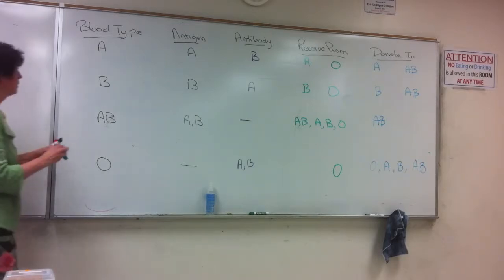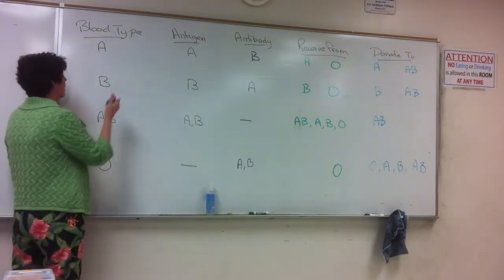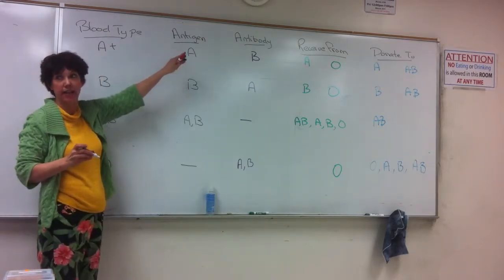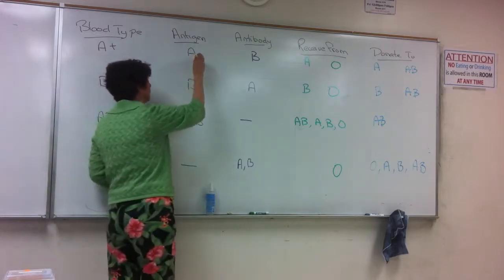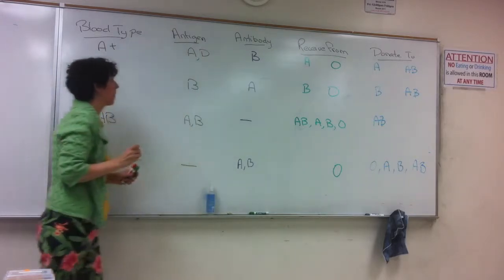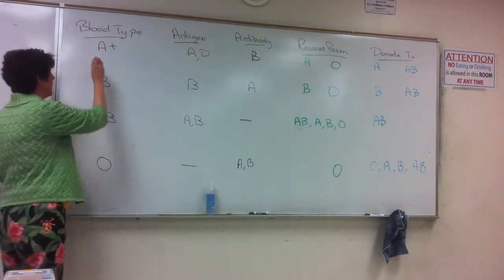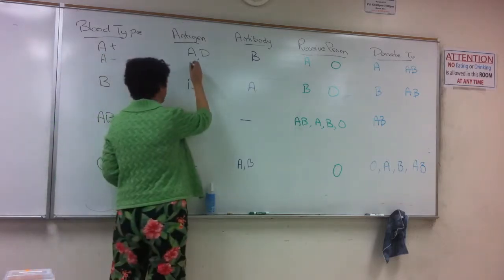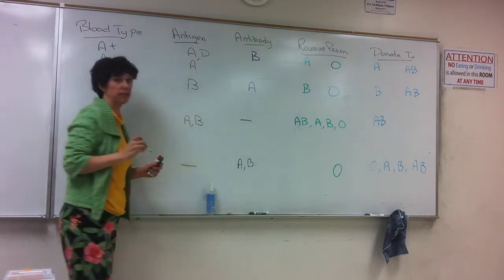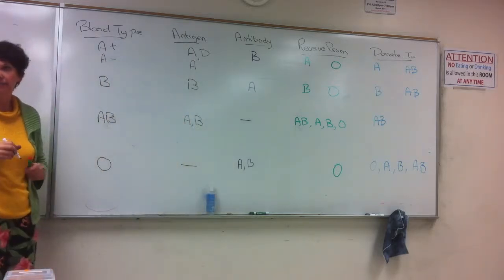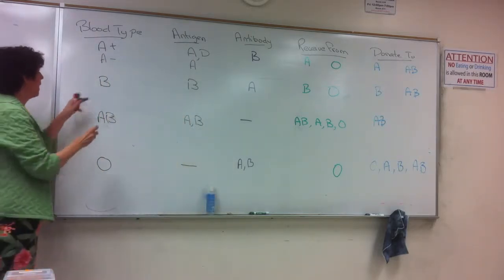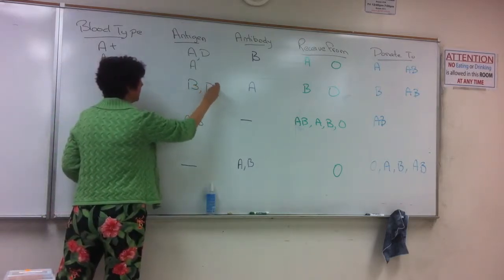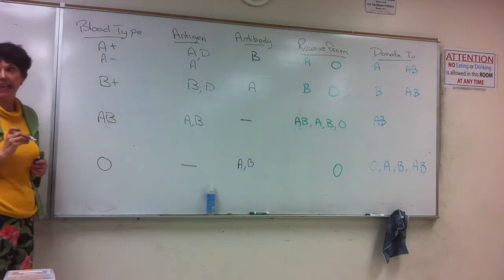So blood type A positive means I have the A antigen and the D antigen. If my blood type is A negative, I have only the A antigen. Okay? That sets our pattern. If my blood type is B positive, I have B antigen and D antigen.